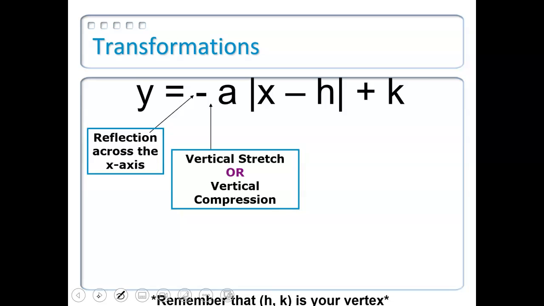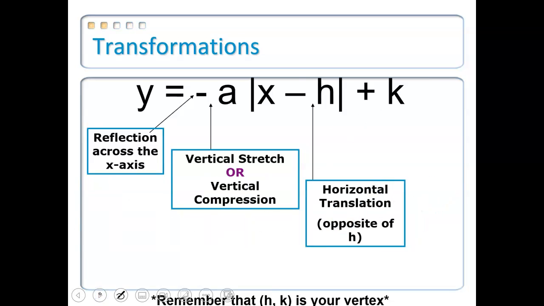An a value is going to be our stretch or compress. H is horizontal translations.